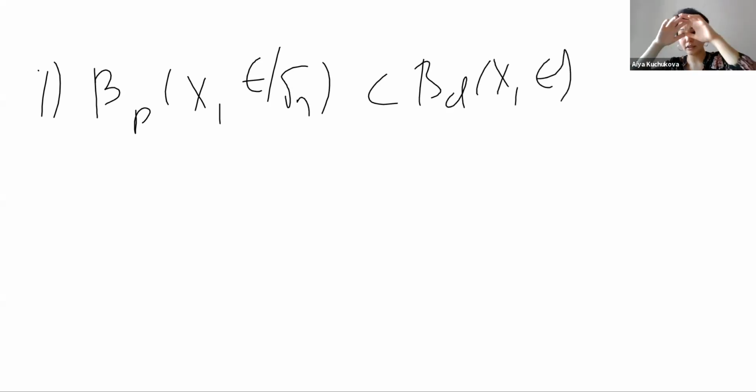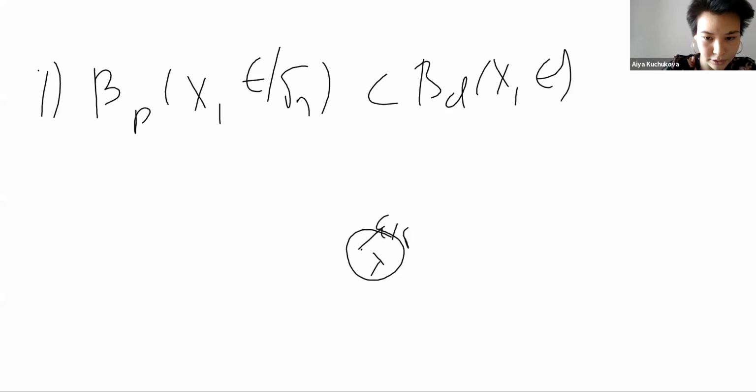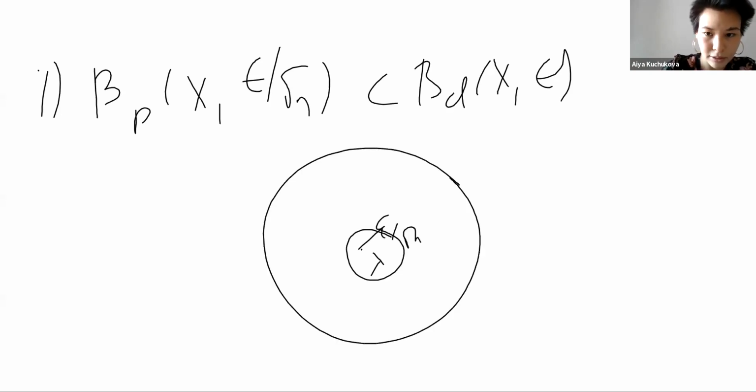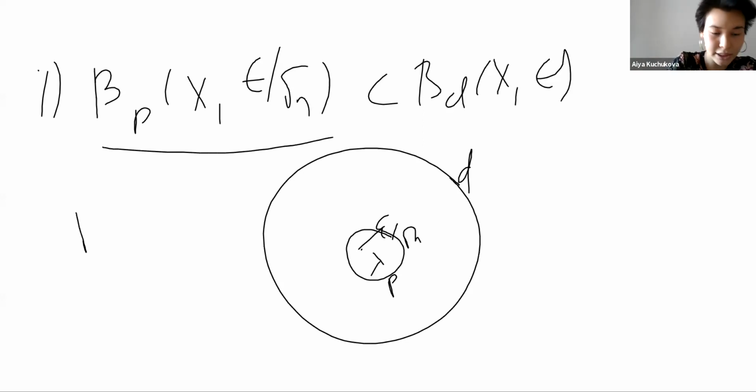So one basis element about x with epsilon divided by square root n is always inside of that base element, but for another metric, right? So the P metric is kind of finer, right?